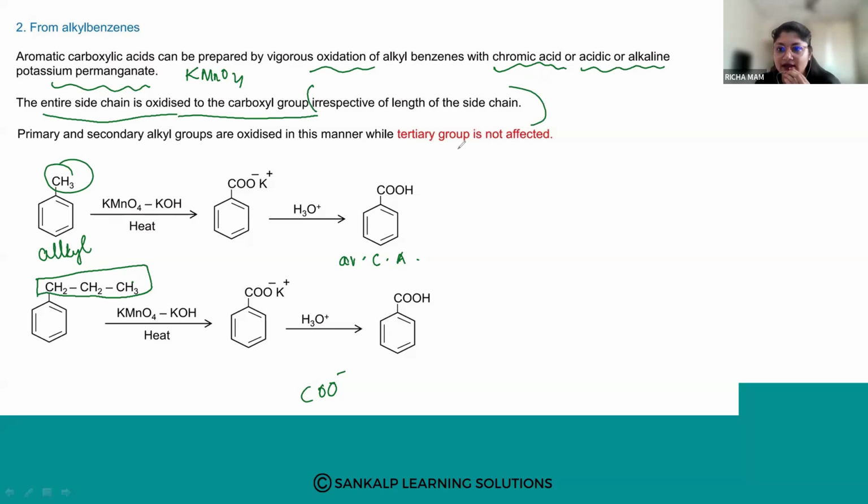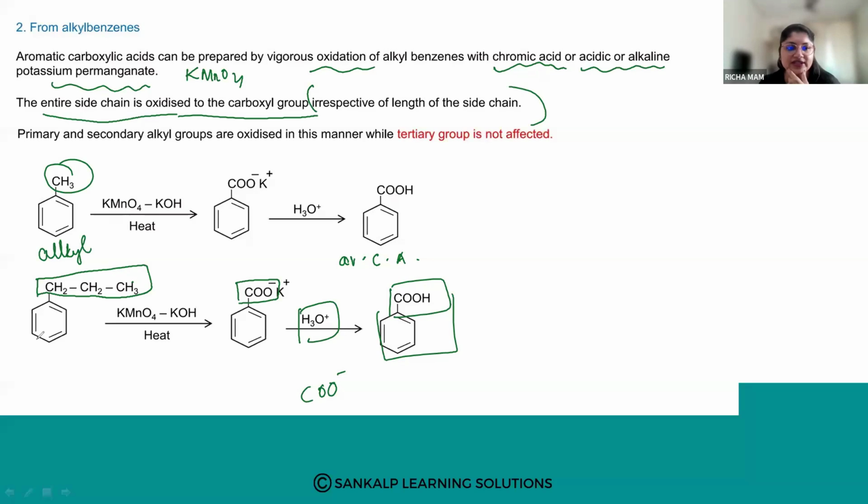How many carbon atoms are there, that we are not going to see. Okay, so everything is going to convert into a carboxylate group, COO minus. And further, when you do hydrolysis, you are going to get the carboxylic acid. Okay, so it is benzoic acid again.